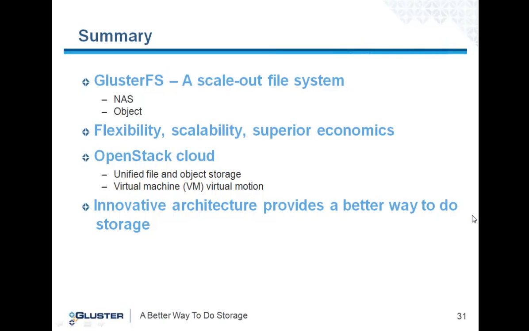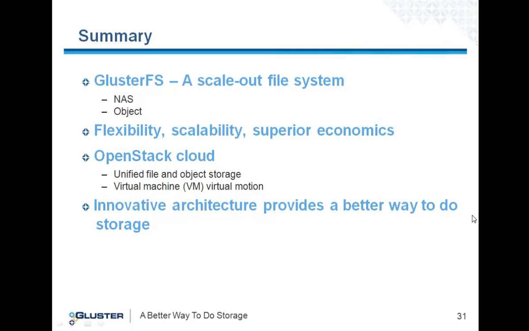So, looking at what we've covered here today so far, we have the characteristics of GlusterFS, a scale-out file system that supports NAS and object storage in a unified file and object environment. We have extreme flexibility and scalability, linear scalability of capacity and performance, and superior economics.